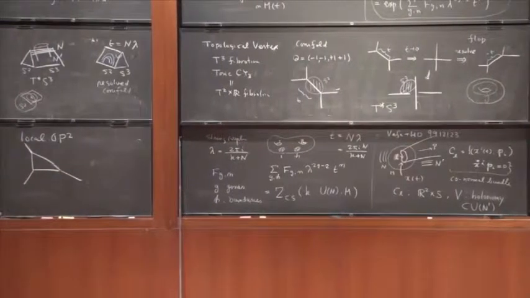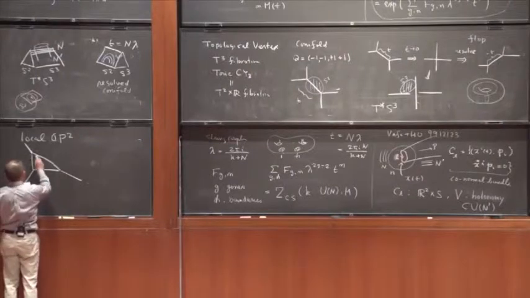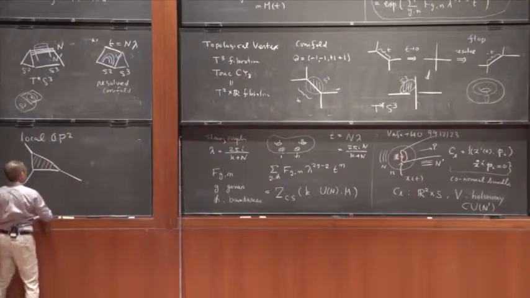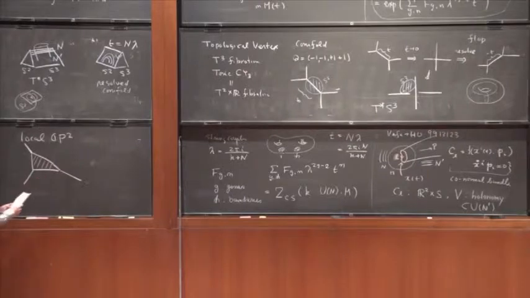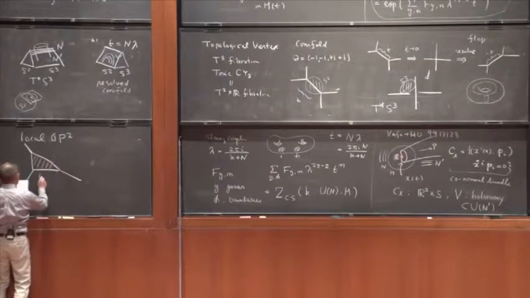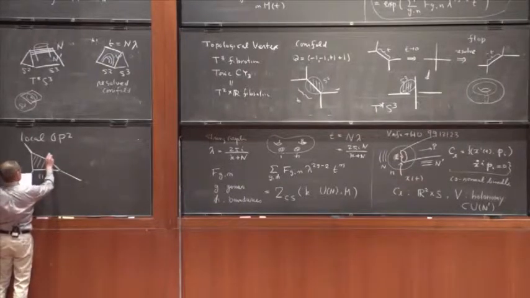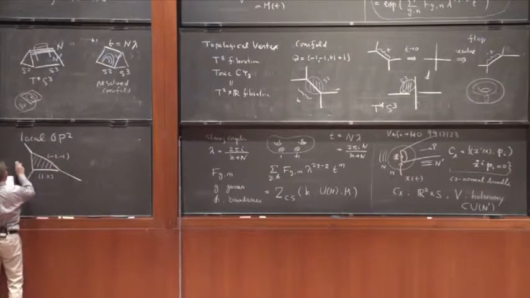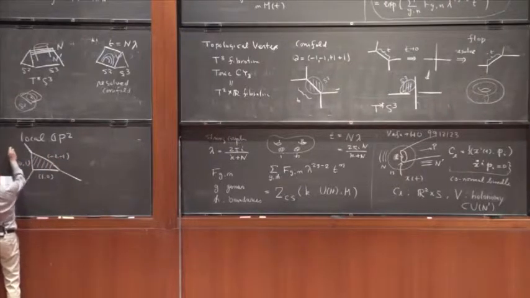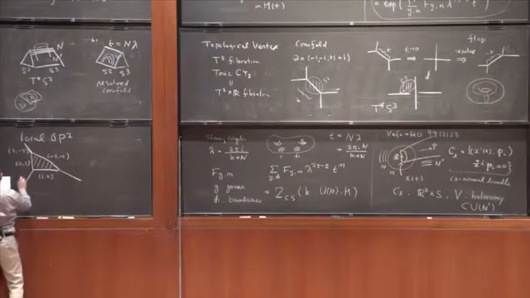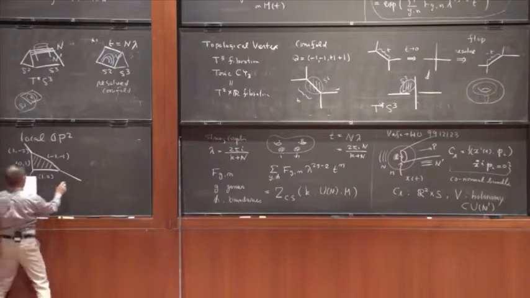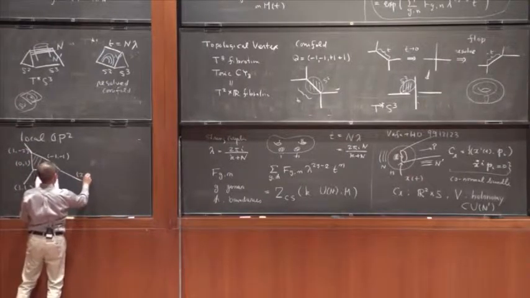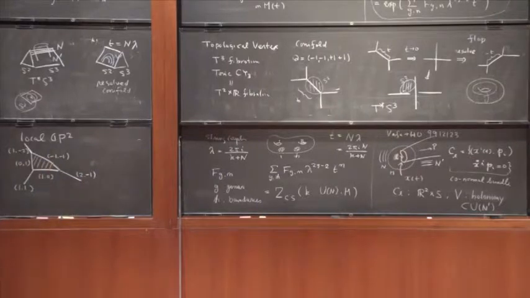The toric diagram is like this, where you have the base CP2 over here, and there are 2 fibers. The slope of these edges are described in this way. I'm just writing the slope in the Cartesian coordinate.